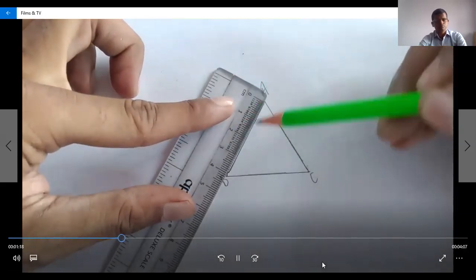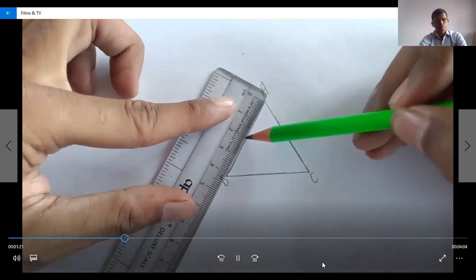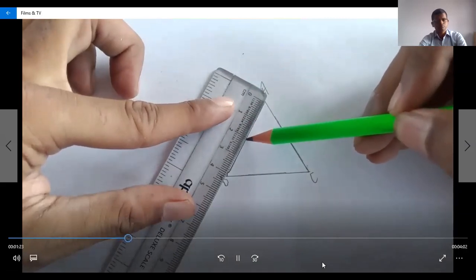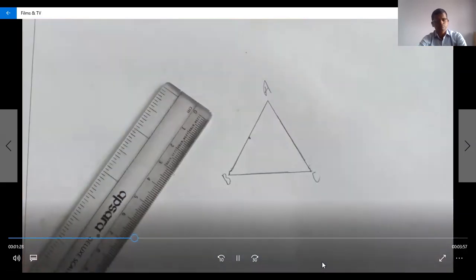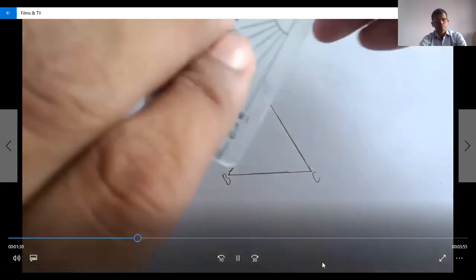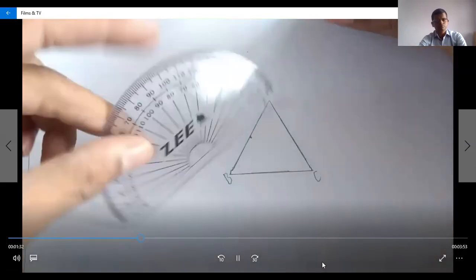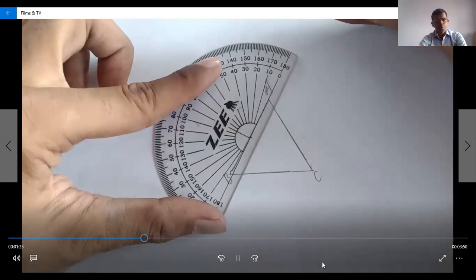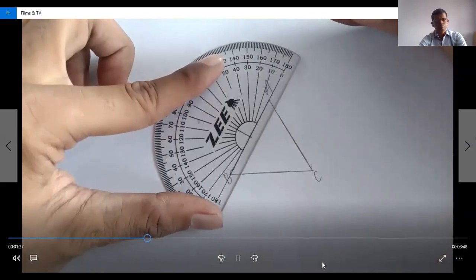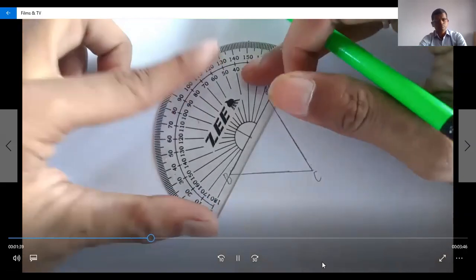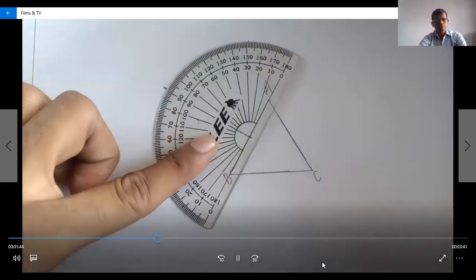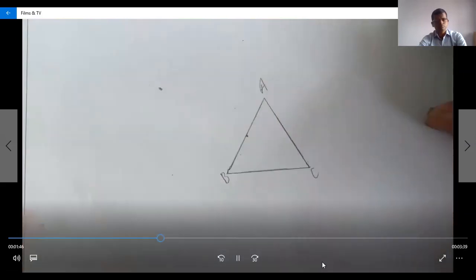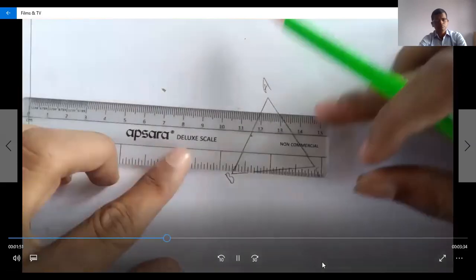It is approximately 4 centimeters, so we find a center point at approximately 2. Then we use a protector, put it at this center, and mark an angle of 90. Then we connect it with the center point.